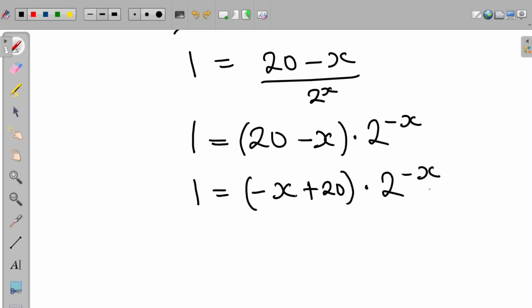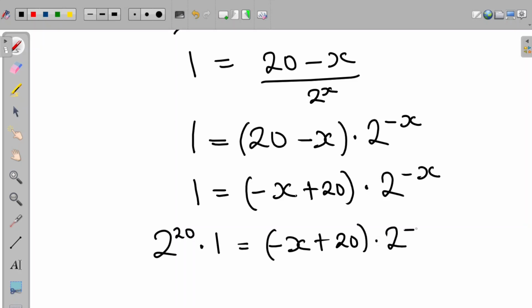Now, at this point, to make the index of 2, which is negative x, take the form of minus x plus 20, we have to multiply our equation by 2 to the power of 20. So the equation becomes 2 to the power of 20 multiplied by 1 is equal to minus x plus 20 multiplied by 2 to the power of negative x times 2 to the power of 20.